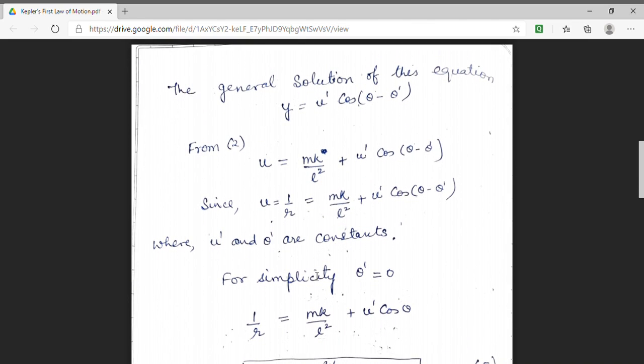So I get 1 upon r, which is u, equal to mk upon L square plus u dash cos theta.